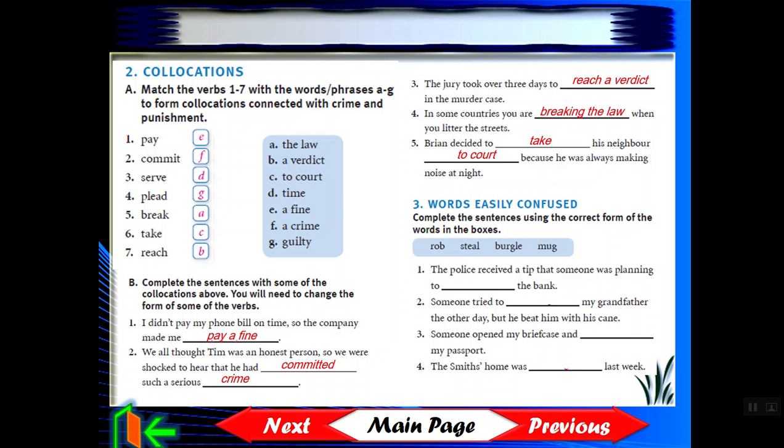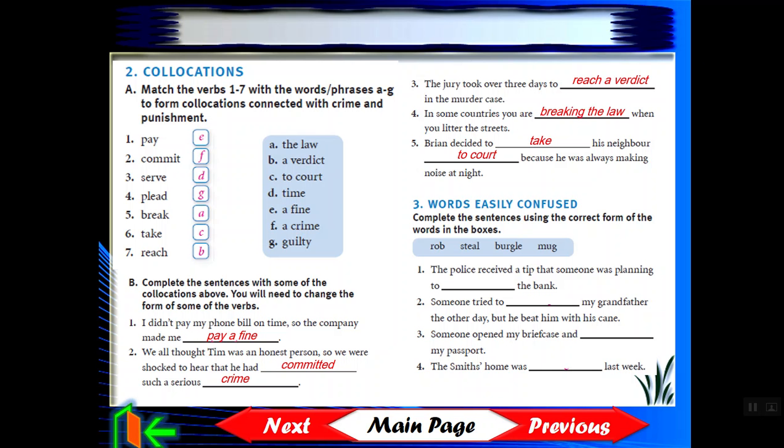For rob, as I told you, you use violence with weapons, with guns, to steal. Steal, usually it is a general word, and burgle usually happens in houses, at night usually. Burgle, يسرق المنازل.